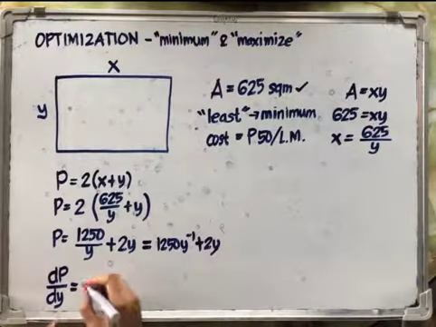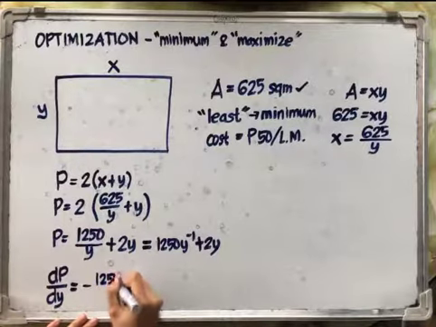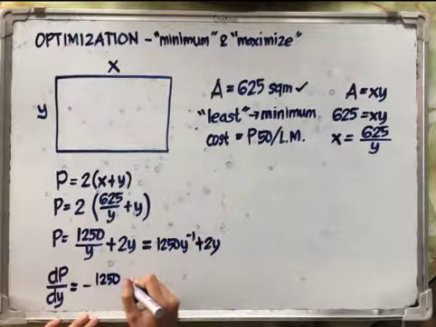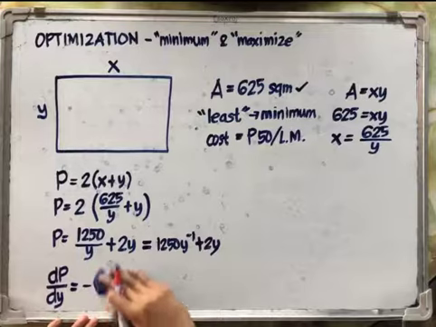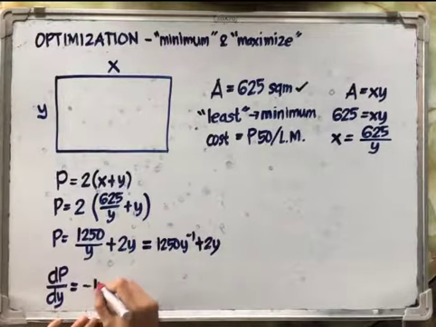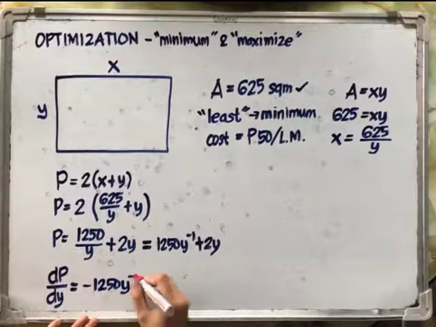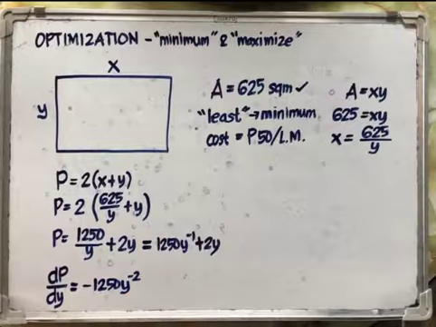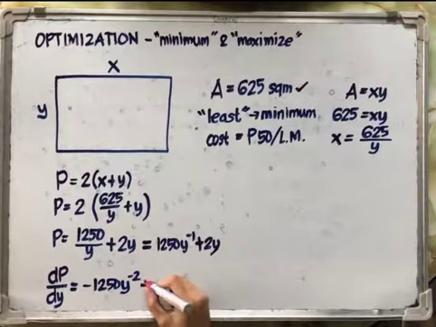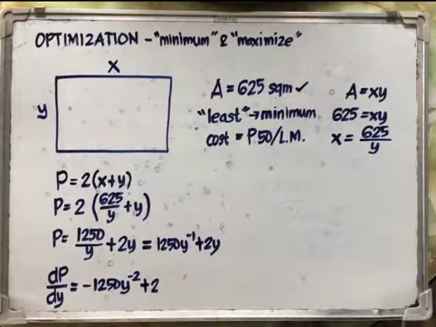Now, putting that here would be negative 1250 y squared, right? Y raised to negative 2, I'm sorry. 1250 times y raised to negative 2. Cross ng derivative. Plus, ito sa kabila would be 2 na lang. Okay?